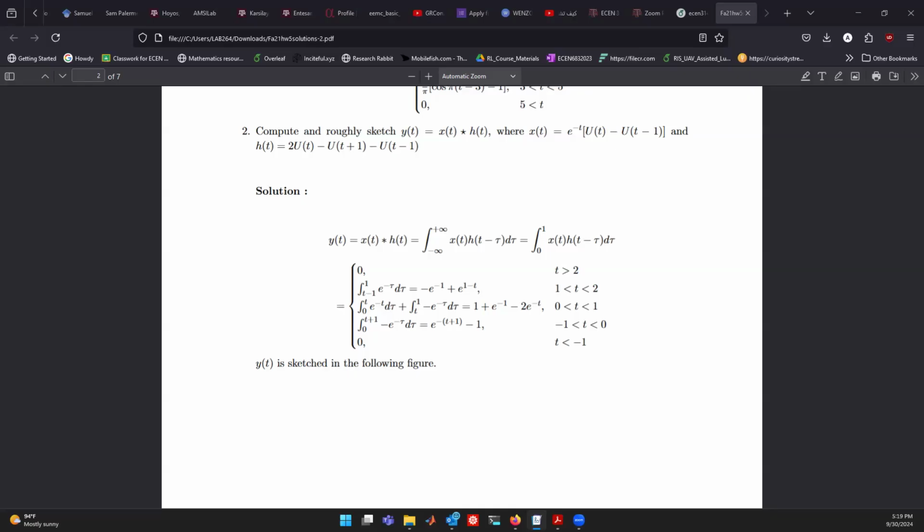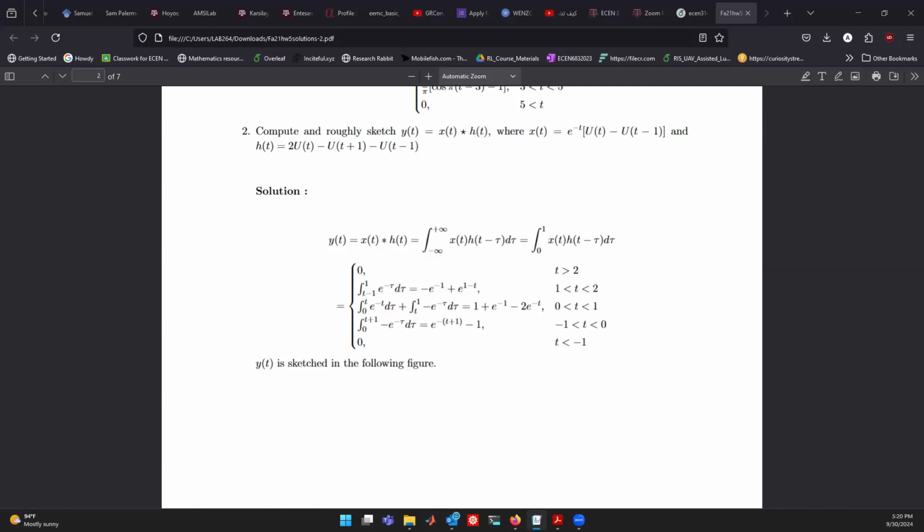The next interval is when t is between minus 1 and 0, and we have this integral. So minus exponential minus 2. If we take the integral, this minus will be multiplied by this one, so we'll have plus exponential minus tau between 0 and t plus 1, which is exponential minus t plus 1 minus 1.